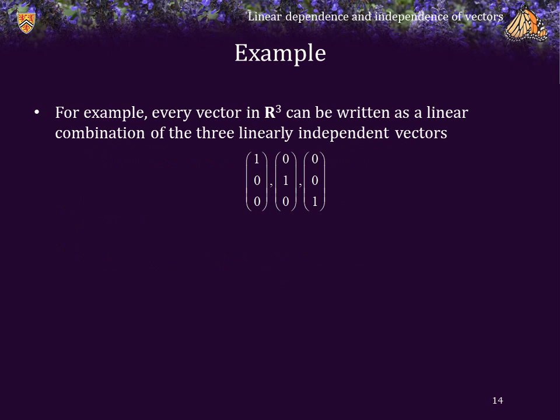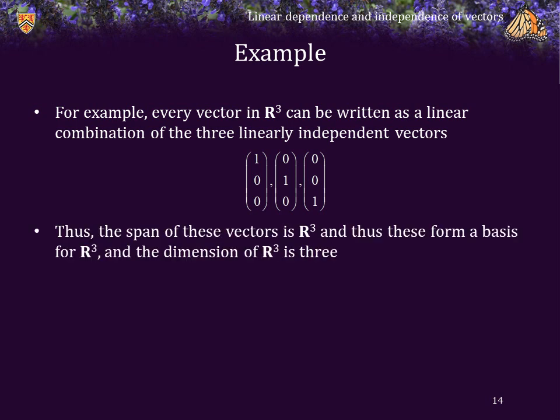For example, we have already seen that every single vector in R^3 can be written as a linear combination of these three linearly independent vectors. Thus, the span of these three vectors is all of R^3, and because they are linearly independent, they form a basis for R^3, and consequently the dimension of R^3 is, as we would suspect, 3.